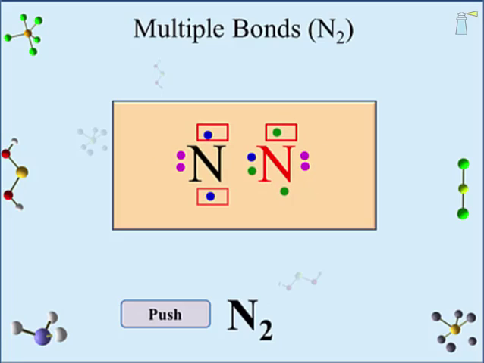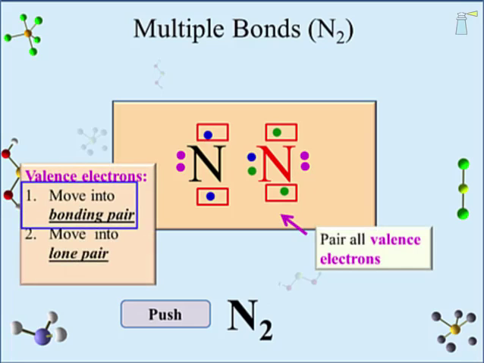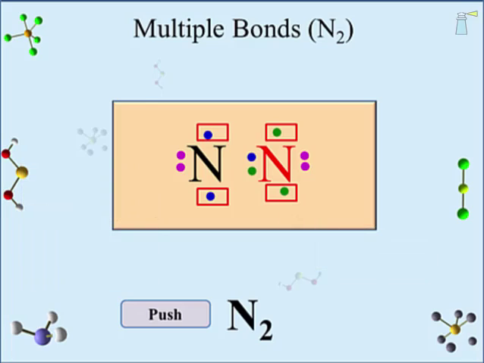We have the same problem we had with molecular oxygen when the atoms were first brought together. That is, they have unpaired valence electrons. And we need to pair up all valence electrons. As we did with O2, we will move the electrons into bonding positions. There's more pushing to do.